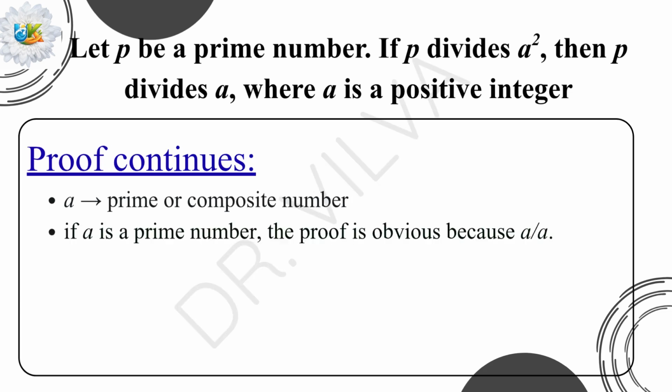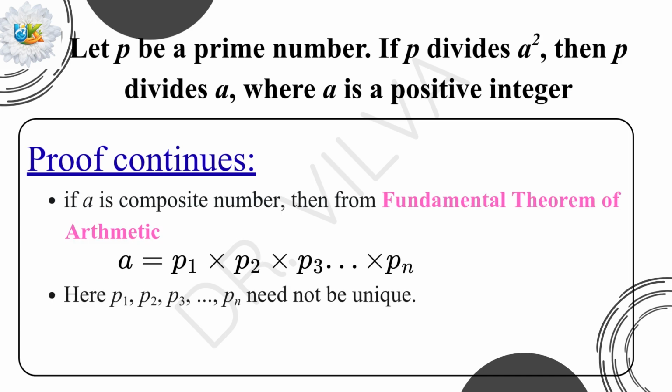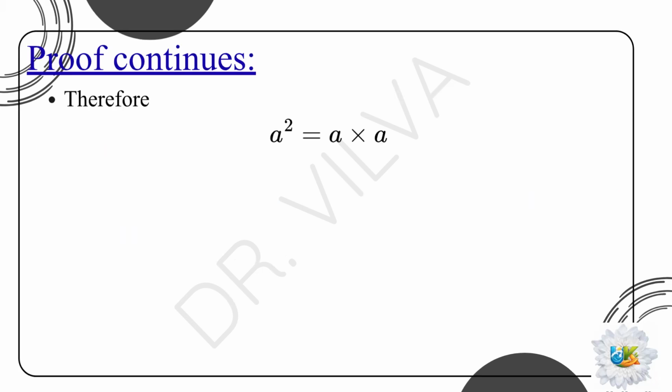If a is prime, the proof is trivial because a naturally divides a and a is a prime number. However, if a is composite, we can use the fundamental theorem of arithmetic to express a as a product of primes p1, p2, etc., pn, where these primes are not necessarily unique.